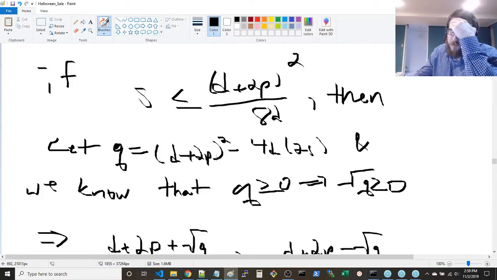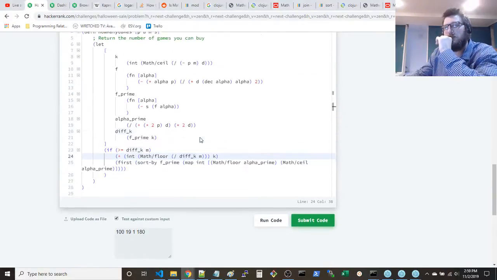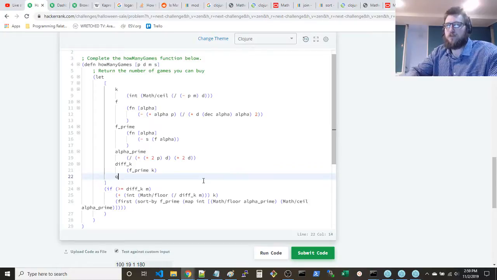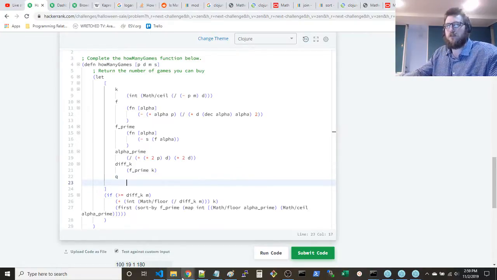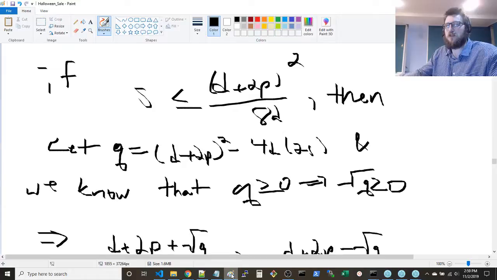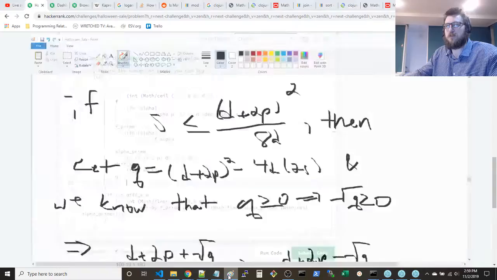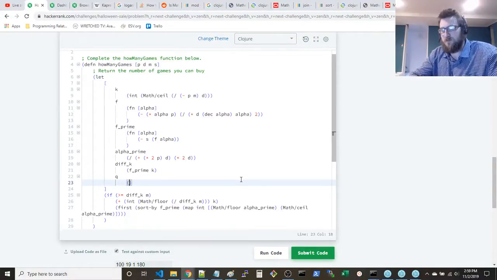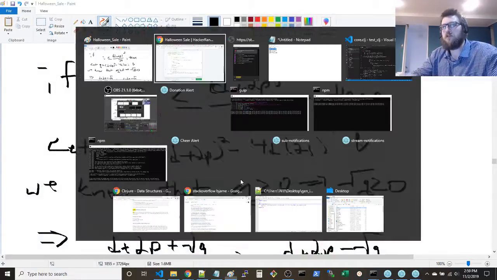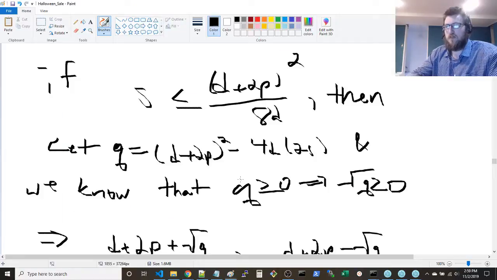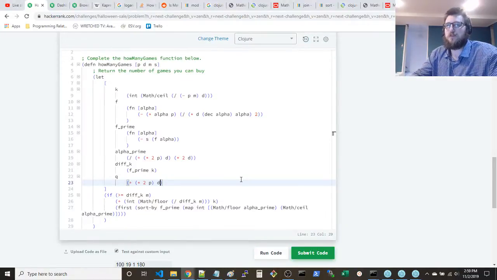If this q is greater than or equal to 0, less than or equal to 0. So let's do it that way then. Let's say Q is going to be this thing, which is D plus 2P, 2P plus D squared times itself.